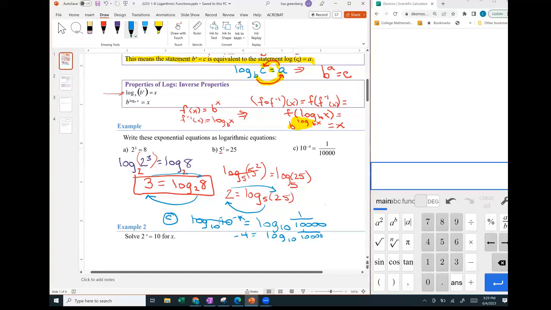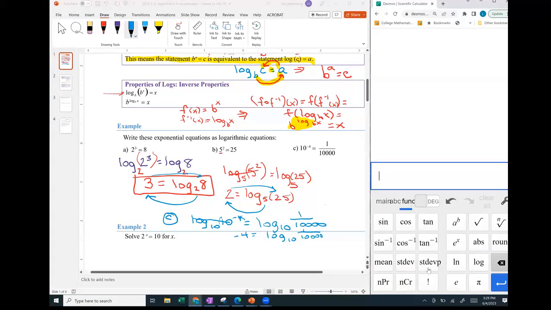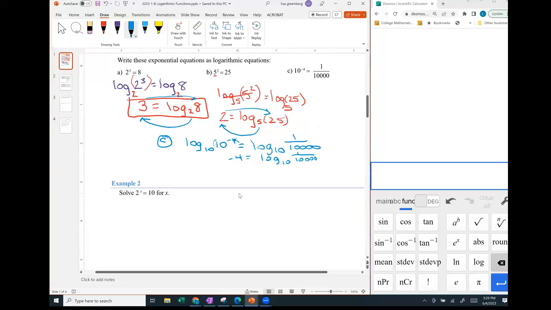Now, when we have log base 10, if you notice on our little calculator here, I have log and ln. I have no place to put a base. Base 10 is called the common log. So log base 10, we don't need to put the base in.